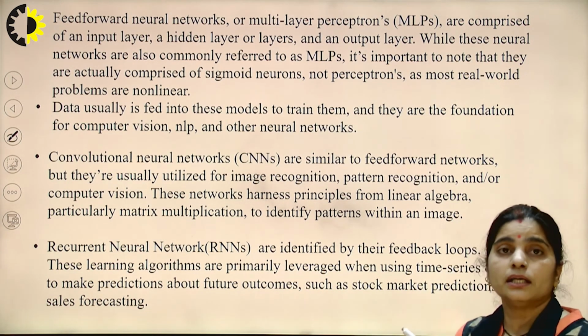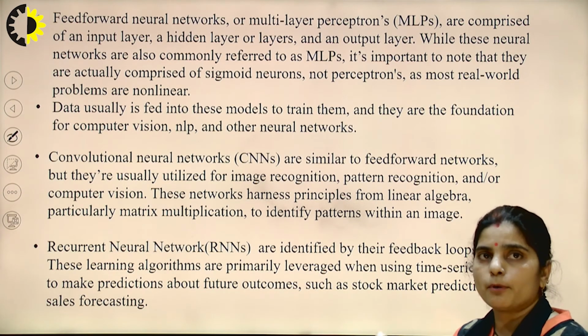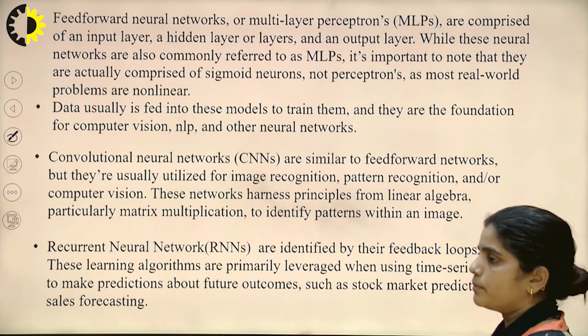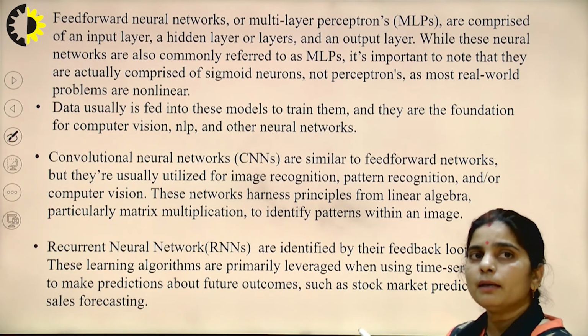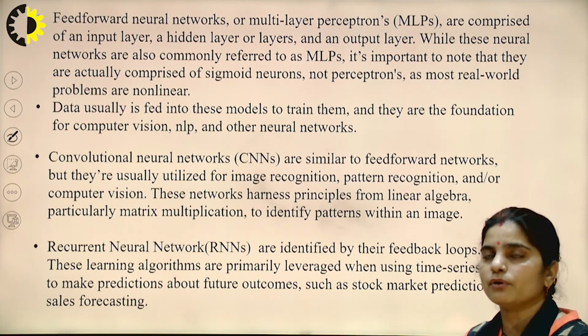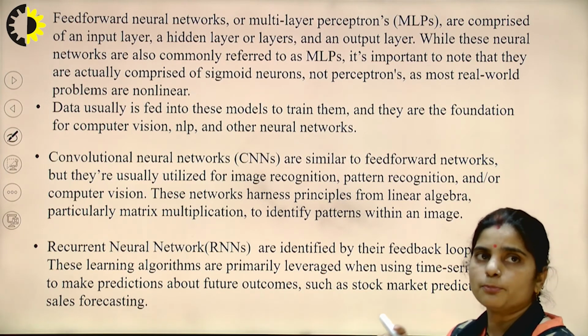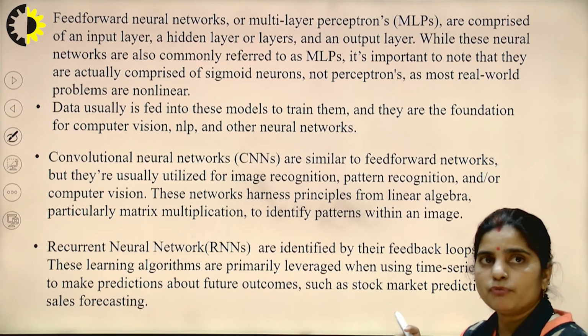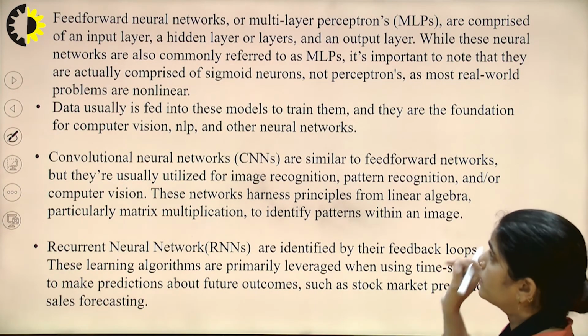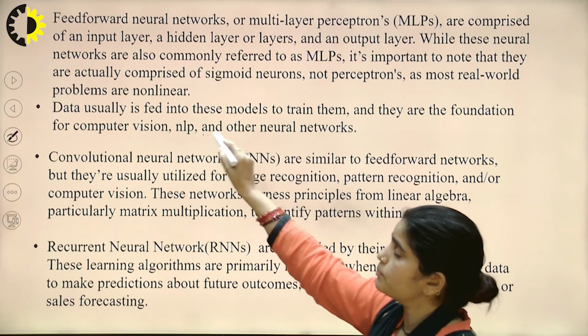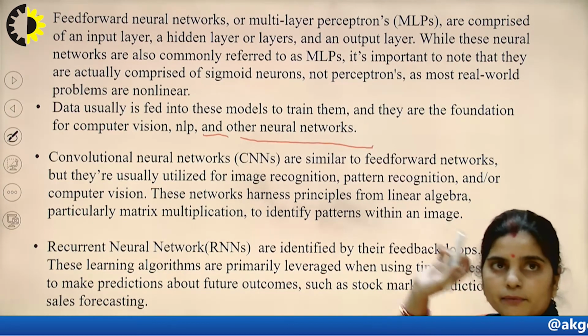Perceptrons are basically used to solve linear problems, but most real world problems are non-linear. That is why in the MLPs we use sigmoid neurons in place of perceptrons. The data which we feed into these models are the foundations for computer vision, natural language processing, and other neural networks.